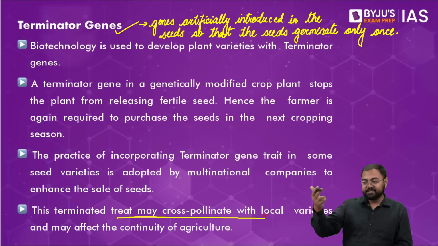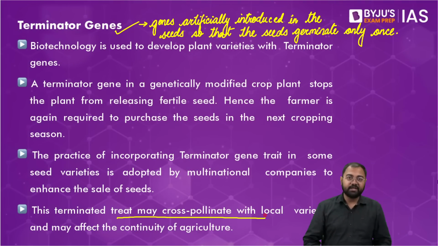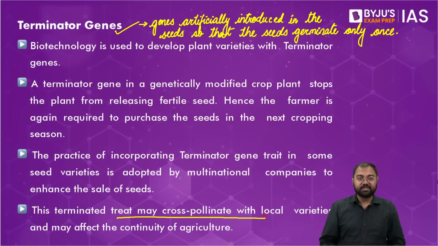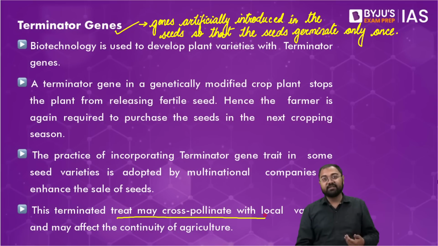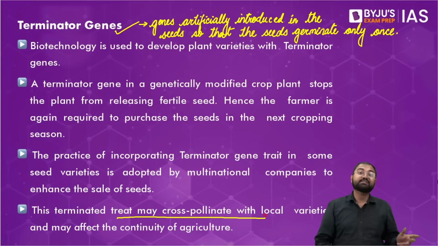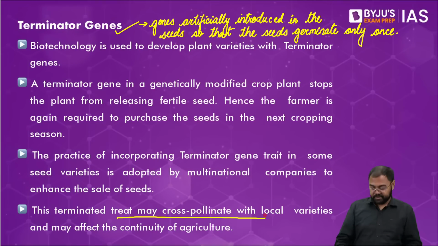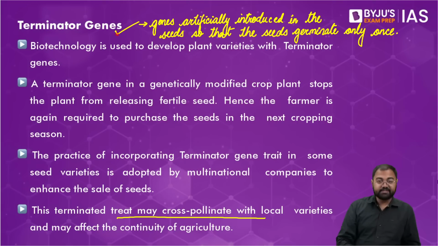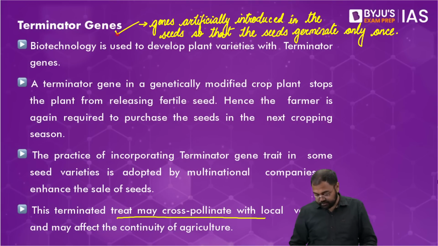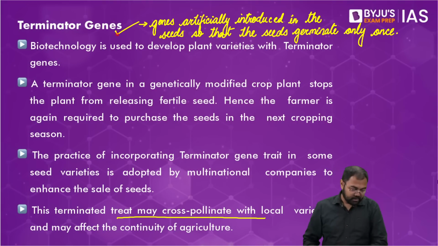So these terminator genes may also transfer to other crops in this area, and those crops also get affected. So not only the crop which had the terminator gene gets affected, but even the others. That becomes a big challenge. So overall, we need to understand all these issues with regards to terminator genes and how exactly they can cause problems, right?